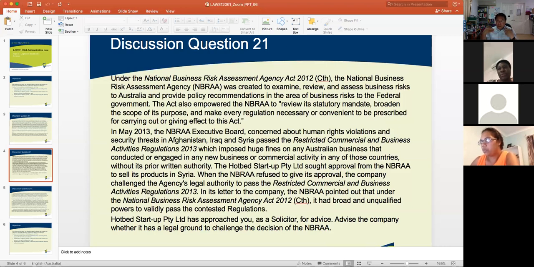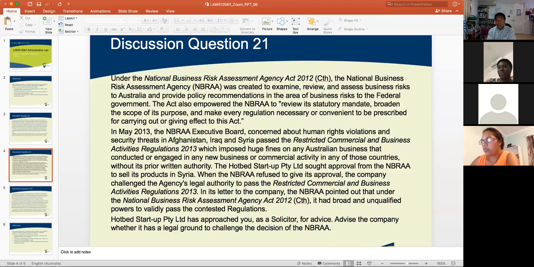It doesn't mean that it is unbounded. The rule of legality requires that there has to be constraints on the power of decision making by the executive. And according to Shilasky versus Minister for Immigration, the law must still be read according to its scope and purpose.